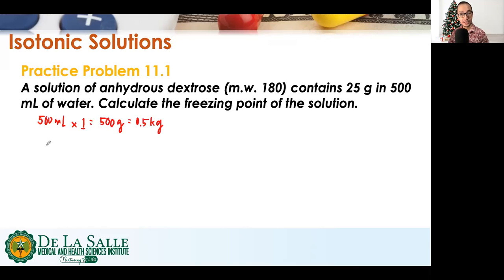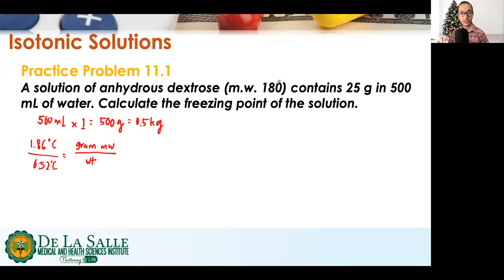Now remember the formula that was given to you: 1.86 degrees Celsius divided by 0.52 degrees Celsius is equal to the gram molecular weight of the substance divided by the weight of the substance per 1,000 grams of the solvent that will make the solution isotonic.